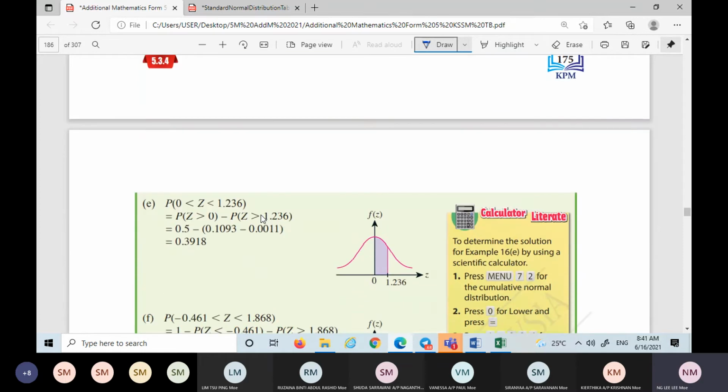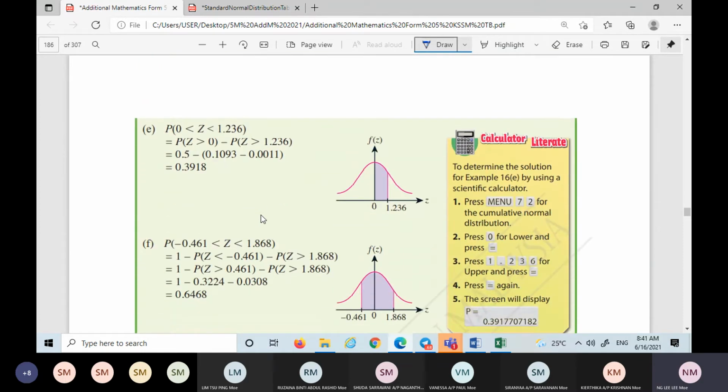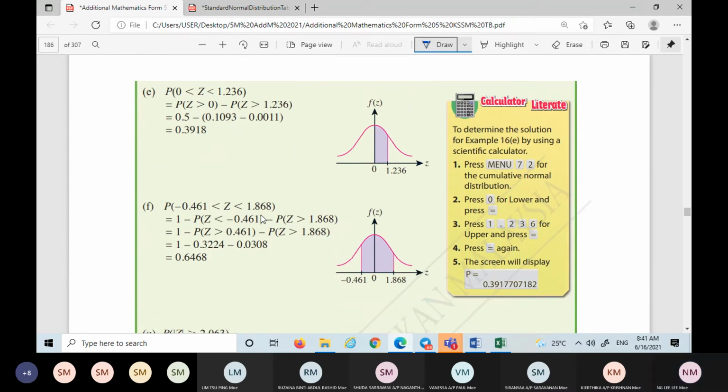Next, we go to E. Look at this. How about this? From 0 until 1.236. Remember, 0 is at the axis there. 1.236, because it's positive, we draw a line on the right of the y-axis.